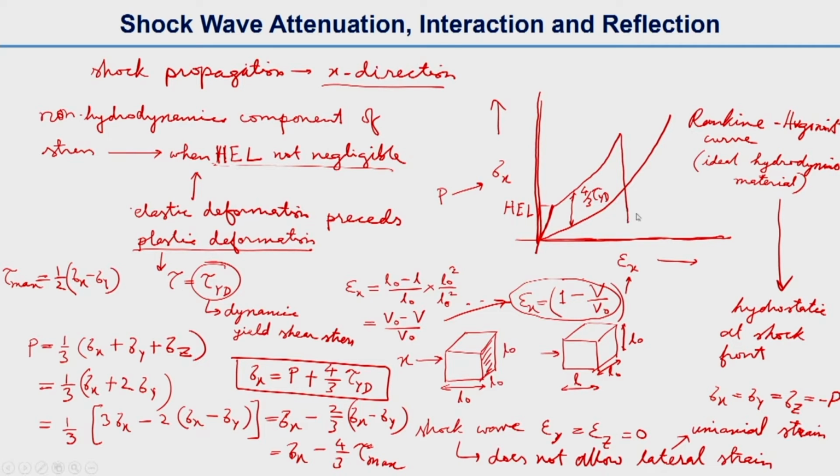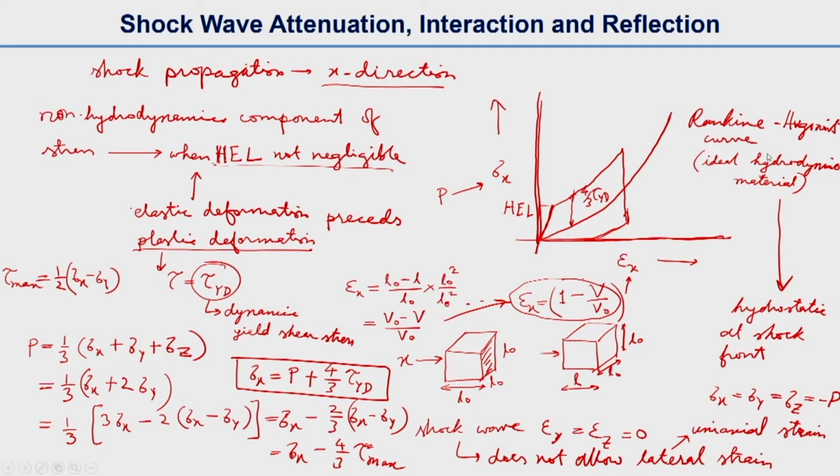The unloading curve will come here, and there will be a parallel curve which will come like this. This doesn't look parallel, so we need to make this curve a little better here. Okay. Yes. So now this is the Rankine-Hugoniot curve.